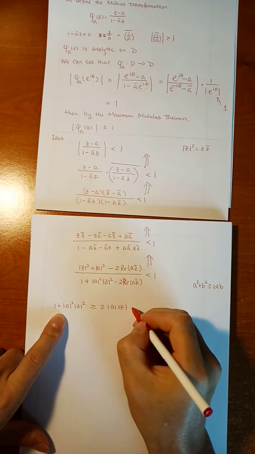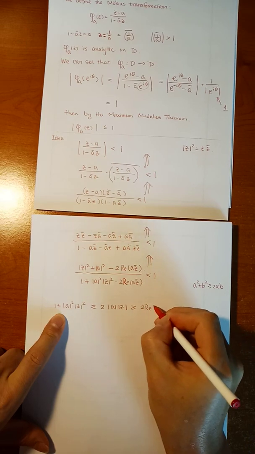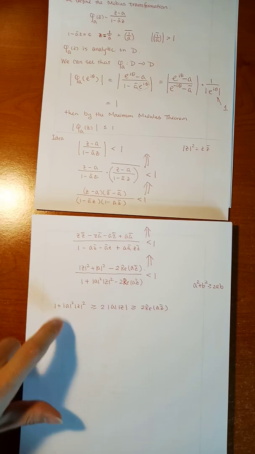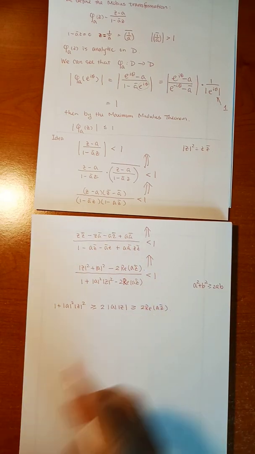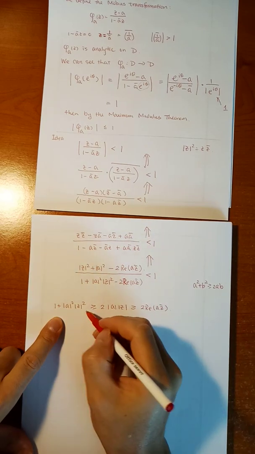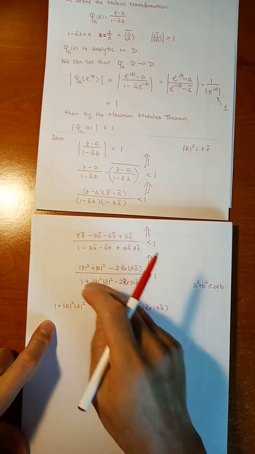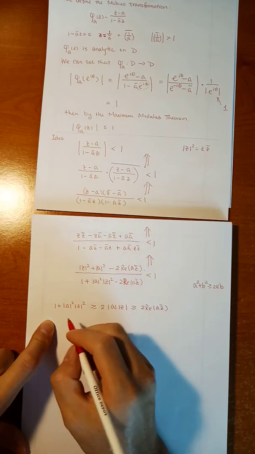And this one is greater than 2 times the real part of a z bar. You just check it. So once you move it to the left side, it's positive. When you have a positive quantity, you multiply the inequality by this positive number, and you still have the same inequality.